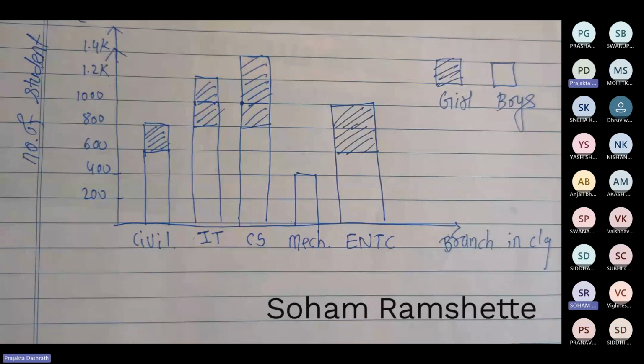Ma'am, this is a bar graph showing the number of students in different branches. In the x-axis, there are branches: mainly civil, IT, CS, mechanical, and ENTC. And the y-axis represents the number of students, from 0 to 1.4K. And here the groups are girls and boys.